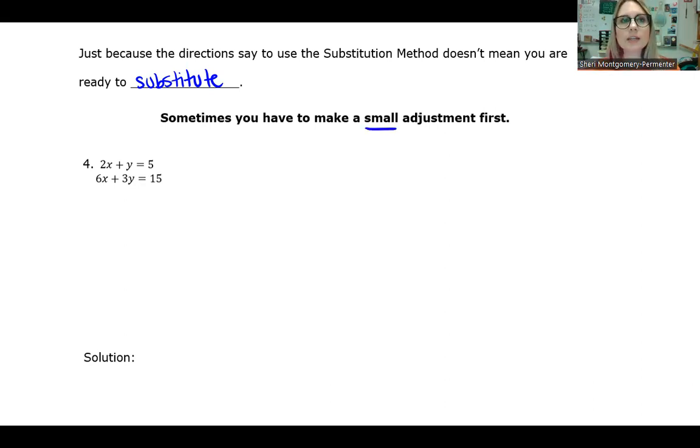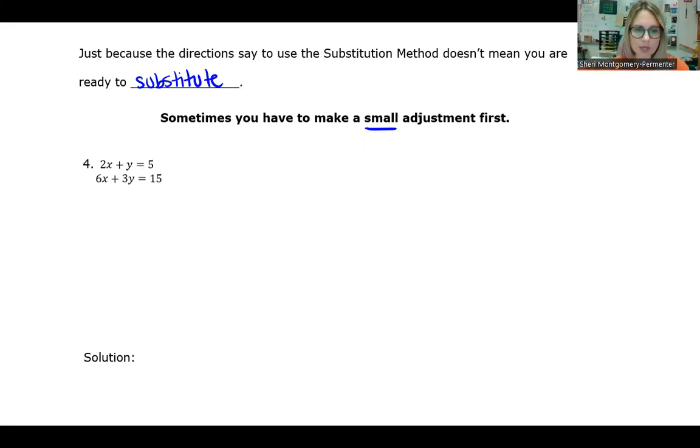When we look at the next problem, is either one of them already in X or Y equals? No. Well, is one of them really easy to get that way? Yes. Which one? Yeah, this one, it has a Y and there's nothing attached to it. So really all we would have to do is move the 2X to the other side and then this one's ready, right? So that's like a small adjustment that we have to make.